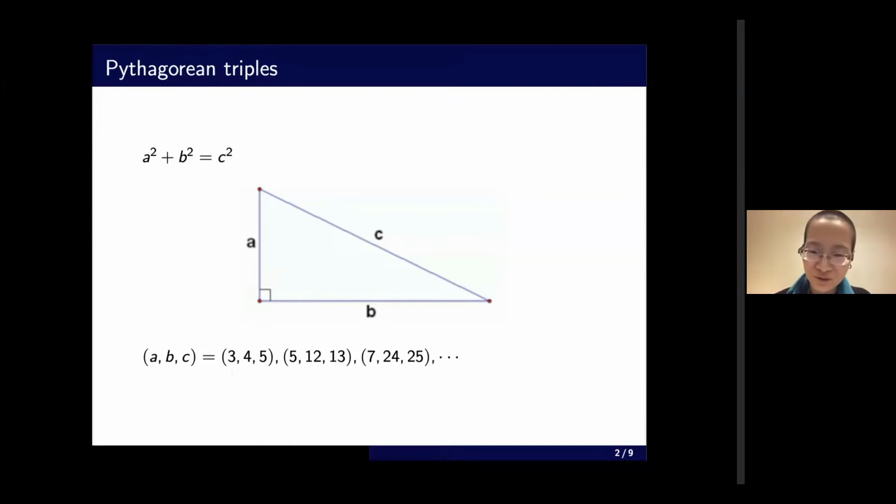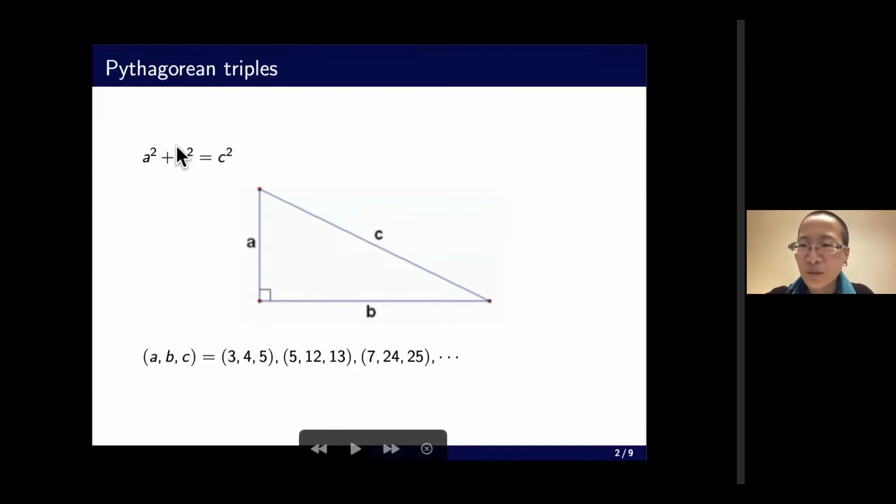Or you could also have 5, 12, 13, which gives you another triple of integer solutions. In fact, these Pythagorean triples were already known to Pythagoras, who lived, I think, in 600 BC. So the study of polynomial equations really dates back to the very beginning of the history of mathematics.